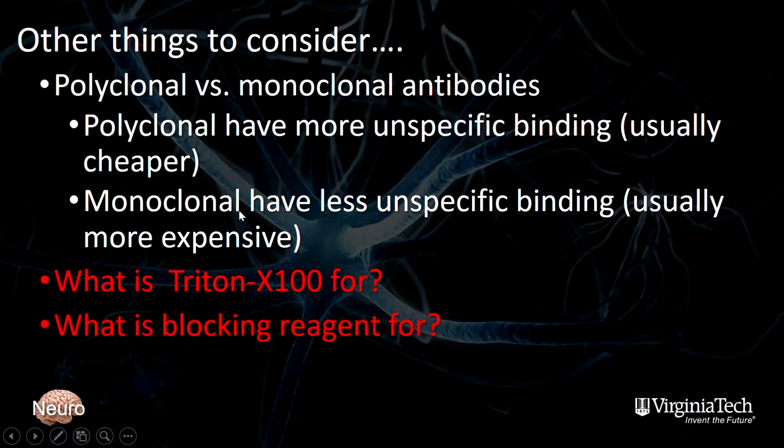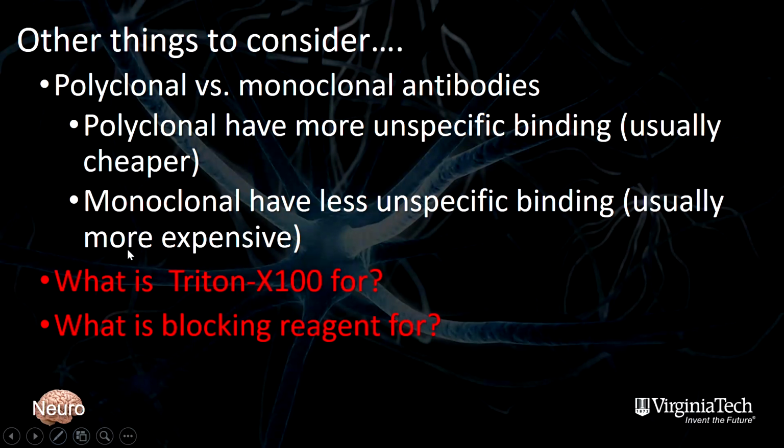Usually mono antibody will have less unspecific binding, less off-target binding, and poly will usually have more unspecific binding. Accordingly, poly will be cheaper and mono will be more expensive. That's in general. For certain antibodies, you probably have the same price for either mono or poly.